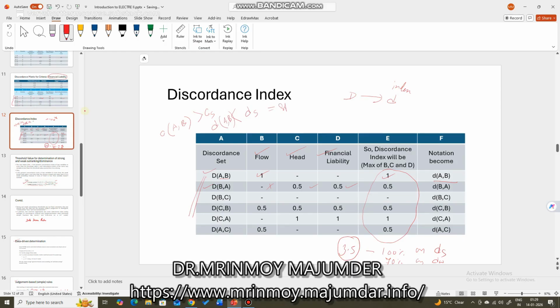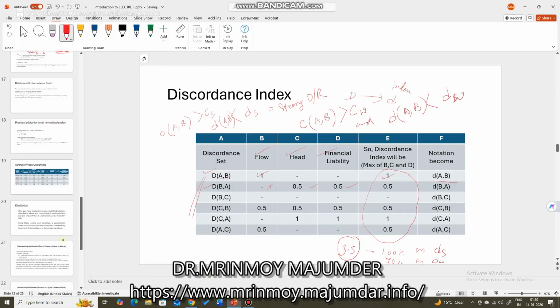So that will constitute your strong outranking. Otherwise, if the concordance index value of the same variables is greater than the weak concordance value, and the discordance index of the same two variables is less than the weak discordance value, then A weakly outranks B. So that is the rule. Remember.